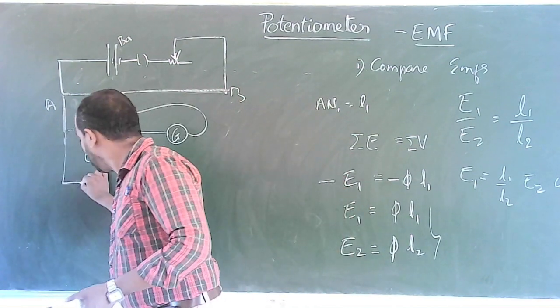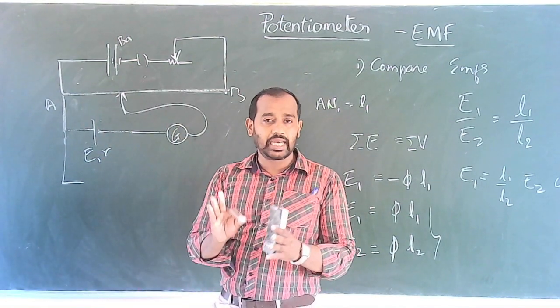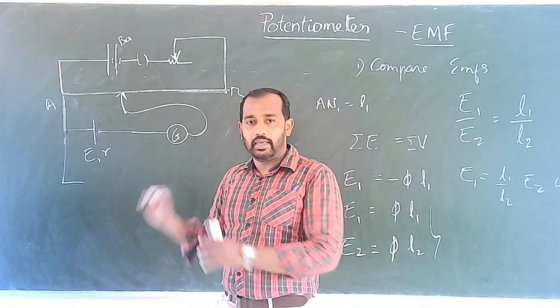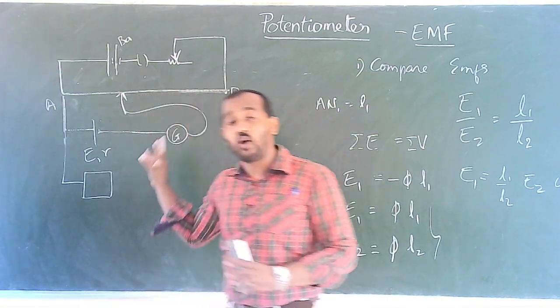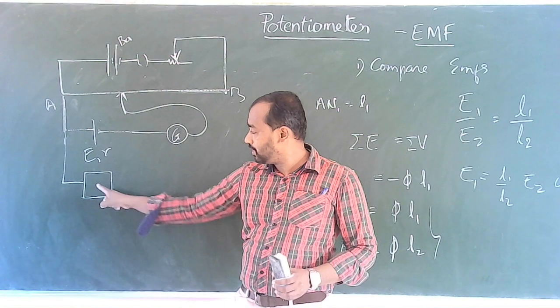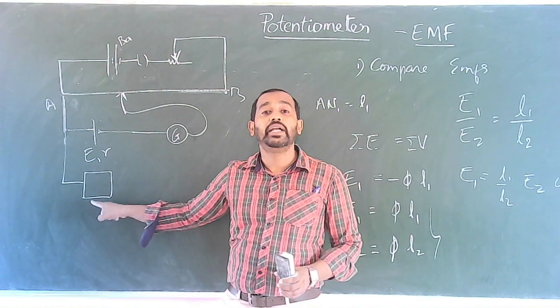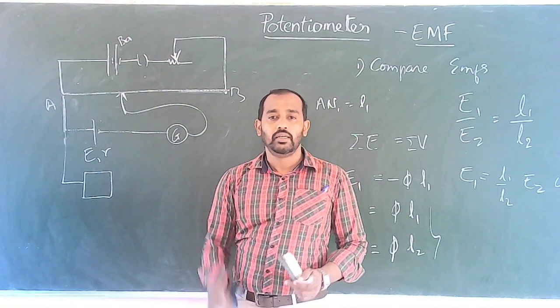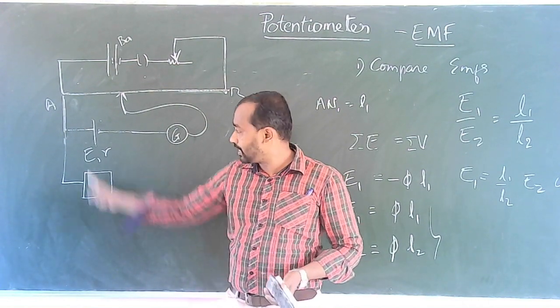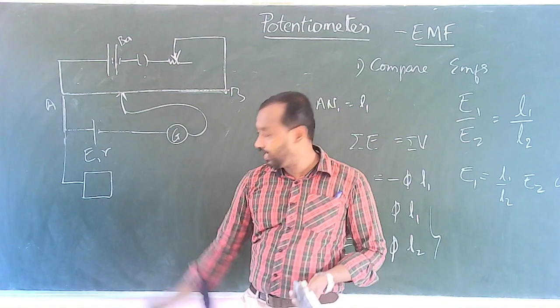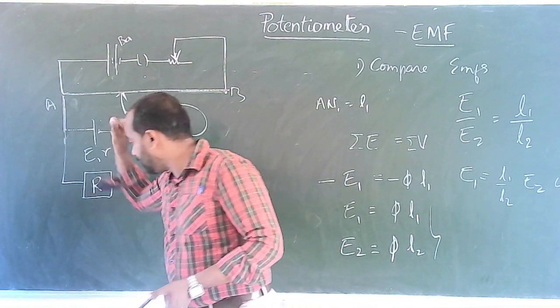So here I am not going to use the zigzag line for representing the external resistance. It will be represented in the form of a box. That means this can deliver different resistances. Using the plug keys, we can change the resistance which is connected parallel to the cell. That external resistor is represented as R.